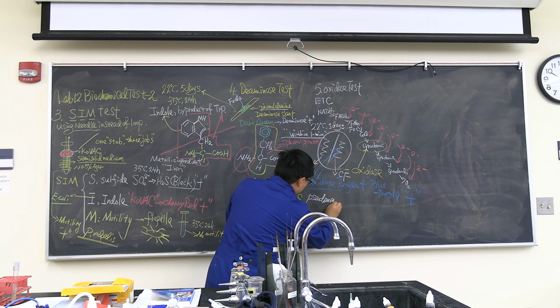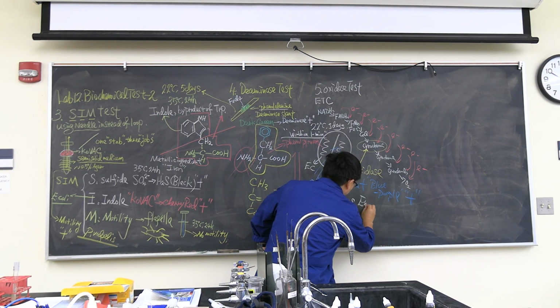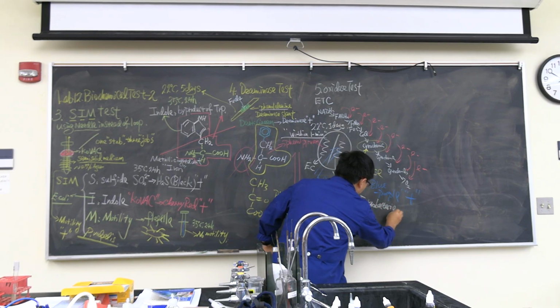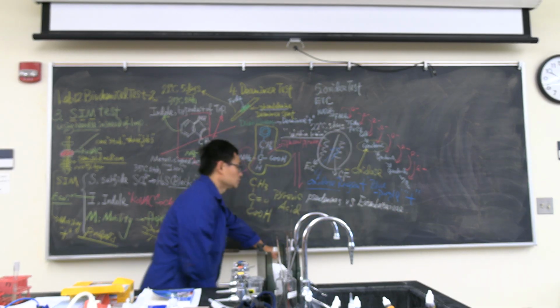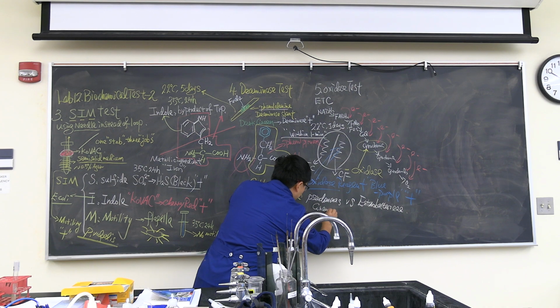This is to differentiate Pseudomonas versus a group of bacteria called Enterobacteriaceae. Pseudomonas, for example, Pseudomonas aeruginosa, this is also a gram-negative rod bacteria.